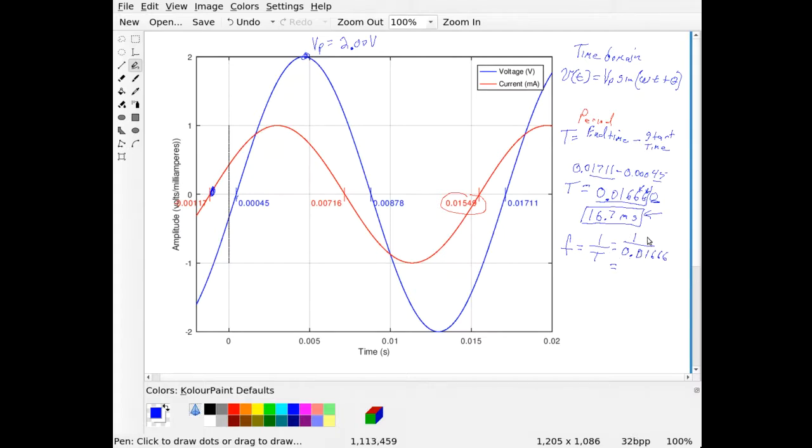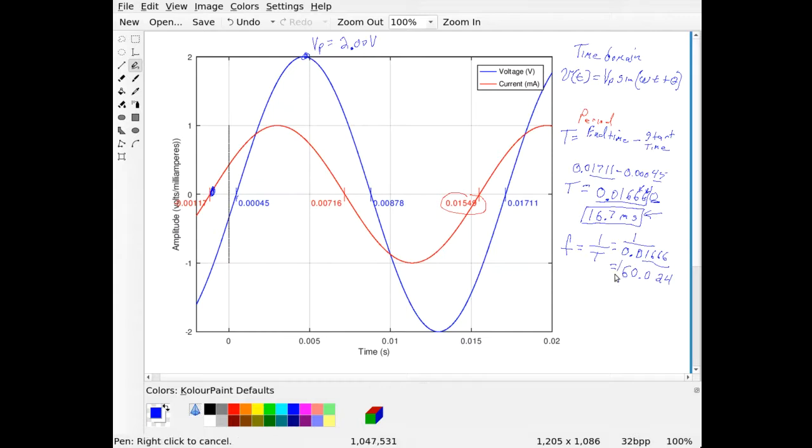And if you do 5 digits, then when you round into Blackboard, you'll always be safe there. So when I do 1 over this value in the calculator, I actually get 60.024.